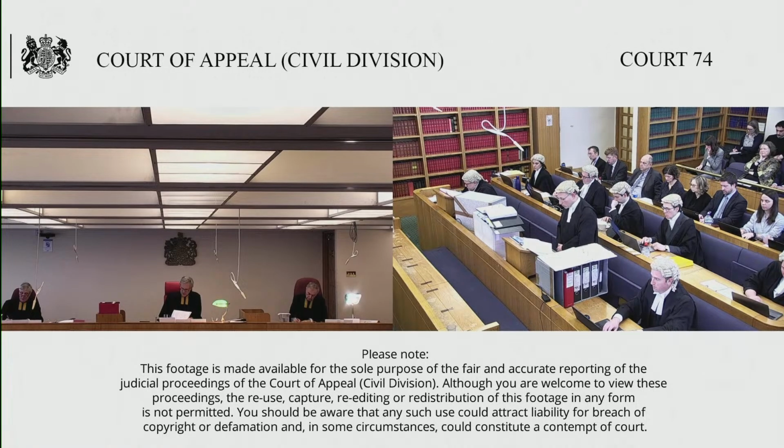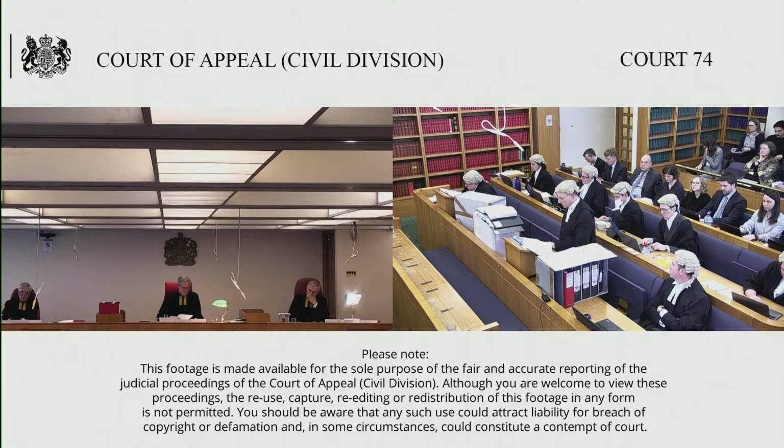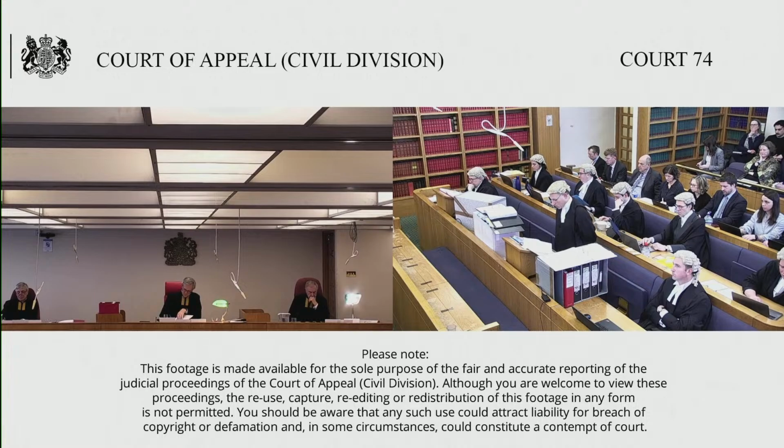As my Lord Justice Nugee has identified, the FTT was faced with a straight choice. The works could be funded by the public purse or by the developer with responsibility for having brought these building safety defects into existence. It was not an inappropriate exercise of discretion, to put it at its lowest, to conclude that the developer with responsibility for having brought about these building safety defects should therefore fund the works.